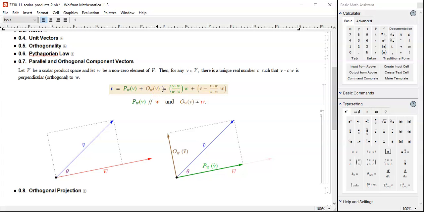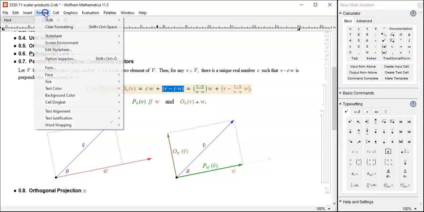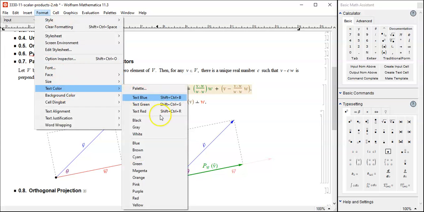So basically it's this, cw plus (v minus cw). That's the parallel component, and that's the orthogonal component vector.